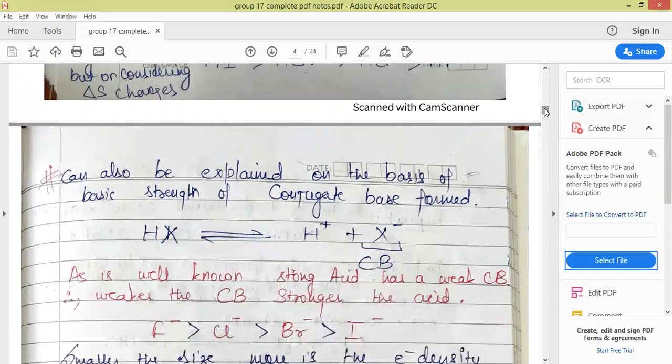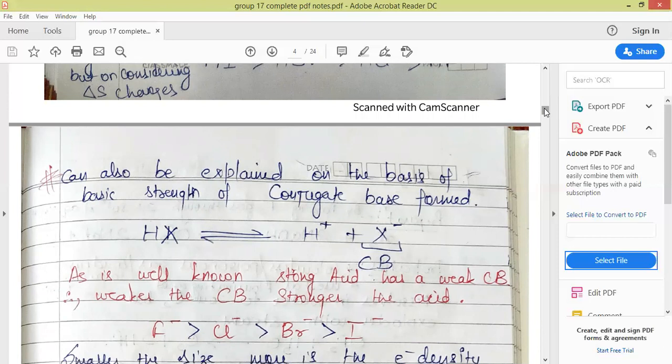This can also be explained on the basis of the basic strength of the conjugate base, as is well known that a strong acid has a weak conjugate base. This is the basic concept of the conjugate acid-base concept.